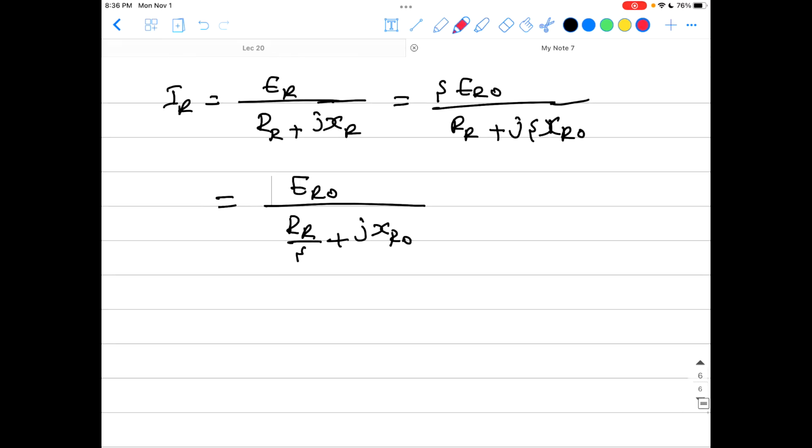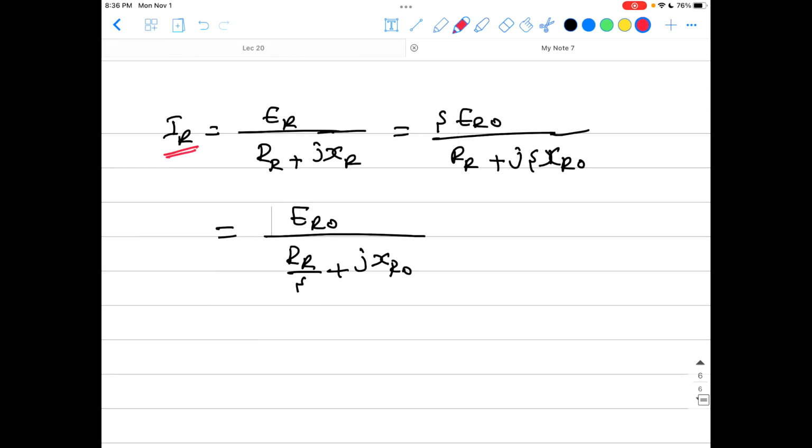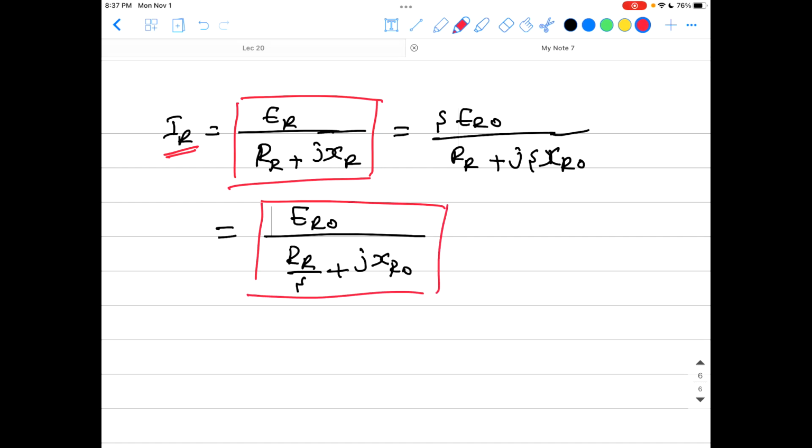From this, your rotor current can be represented either as E rotor divided by R rotor plus jX rotor, or as E rotor 0 divided by R rotor over the slip plus jX rotor 0.